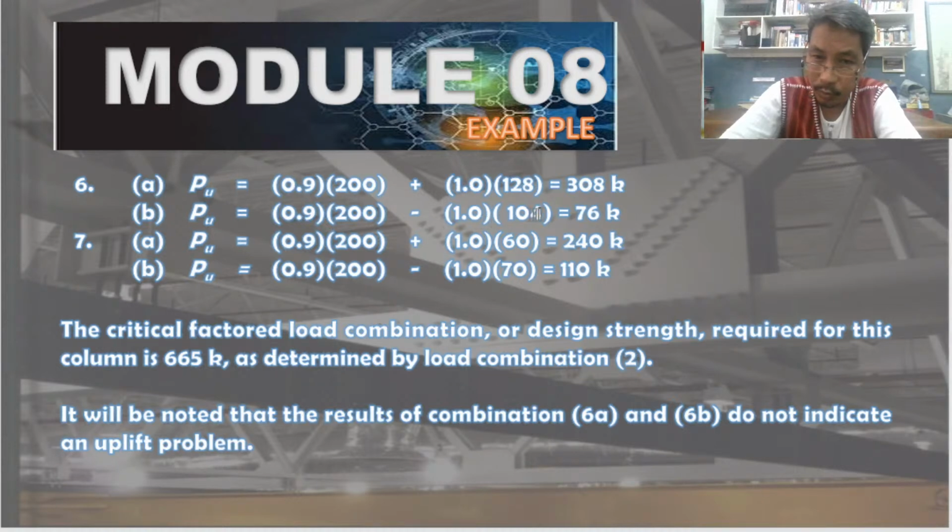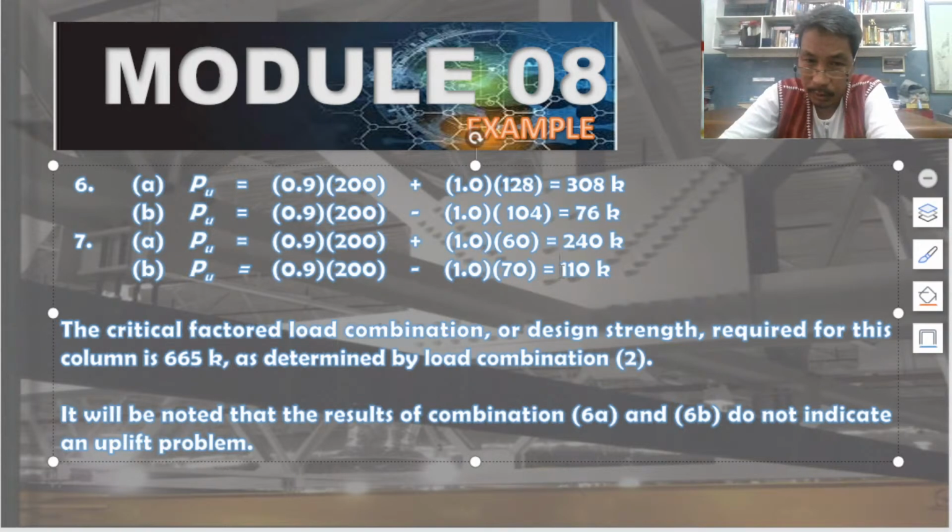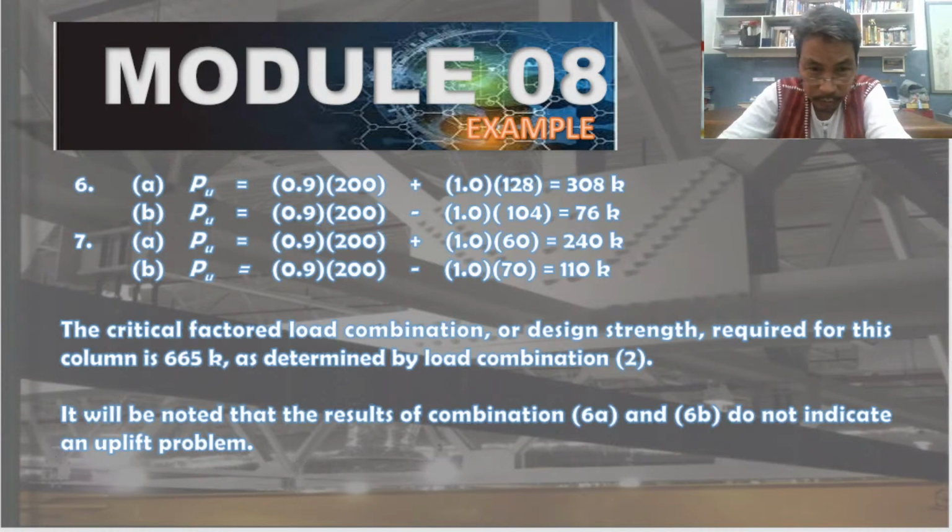The typhoon wind load is so large that the resulting value here would be negative. That is an uplift. Similar is true with earthquake. If there is an uplift, the result would be negative. That is what we mean by this explanation.